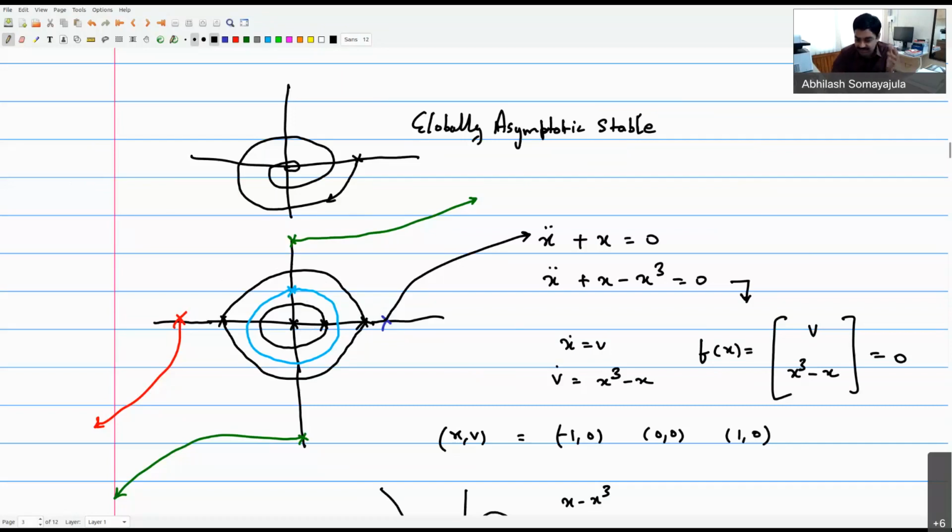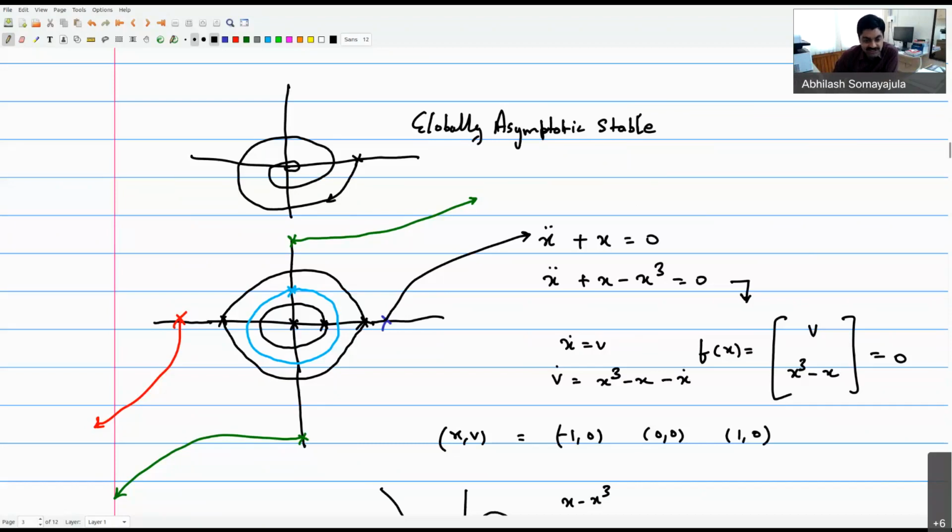Because we saw that as they did not have any damping, it's not attracting at all. But suppose I add a damping as well. If I say I did add some amount of damping, so some X dot, then what will happen? It will be attractive, right?